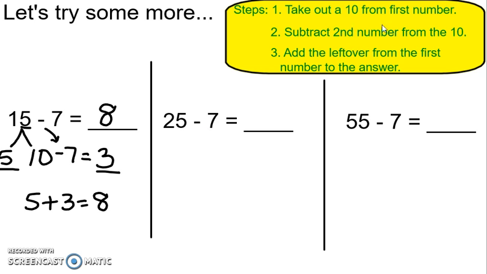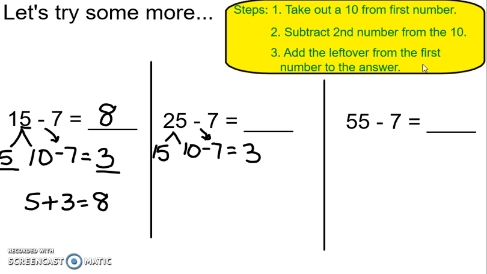So again, I'm going to take a 10 from the first number. So if I take a 10 out of 25, that's going to leave me with 15 left. Second, I subtract the second number from the 10. So I'm going to bring down the 7 and subtract. 10 minus 7 is 3.